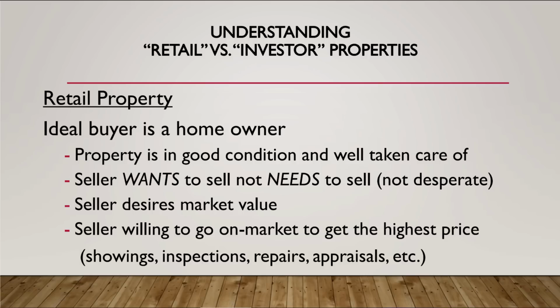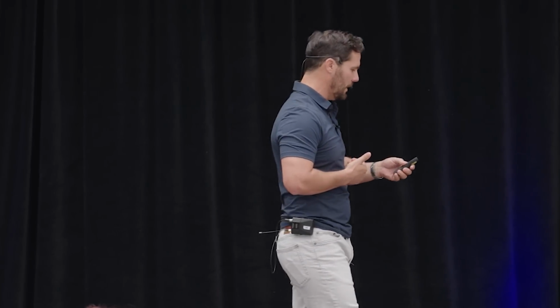So there's no desperation going on. And that seller wants retail value, and they're willing to do the work to get retail, meaning they're willing to go on market, they're willing to do showings, they're willing to do repairs, they're okay to do appraisals and inspections and all of the things that go into selling a property retail. And they'll wait, they'll be patient, because again, there's not desperation going on there.